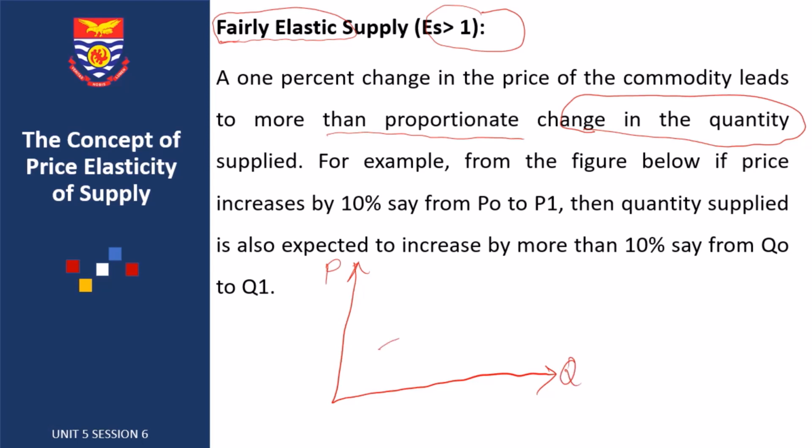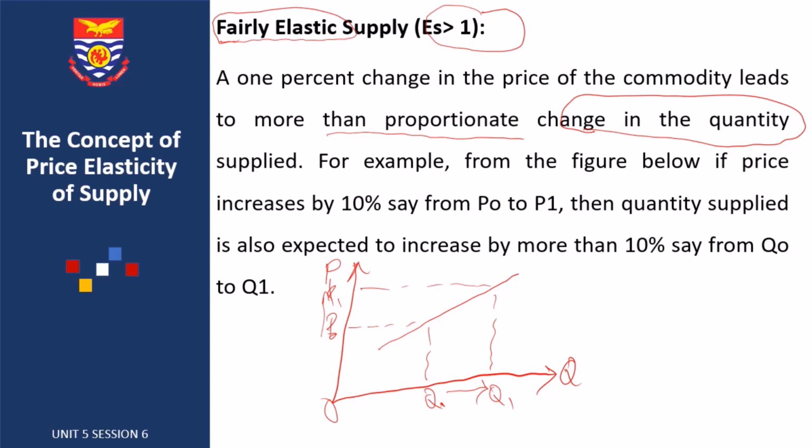The supply curve has a positive slope. This is going to be Q naught, Q1, and P naught, P1, with the origin. Assume that price increases by 10%, from P naught to P1. The quantity supplied is also expected to increase by more than 10%, from Q0 to Q1, as you can see in this diagram.